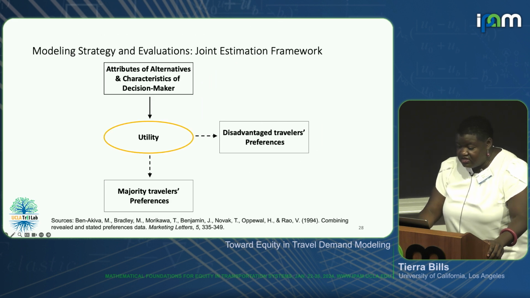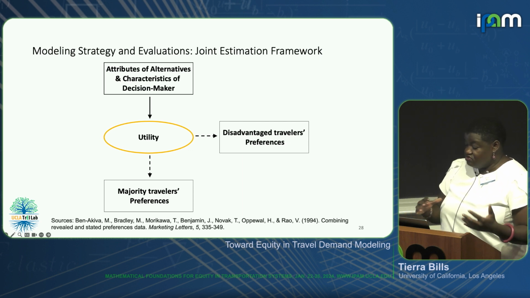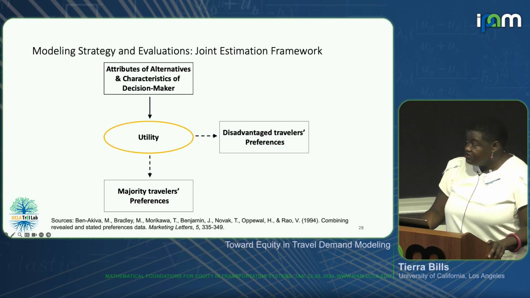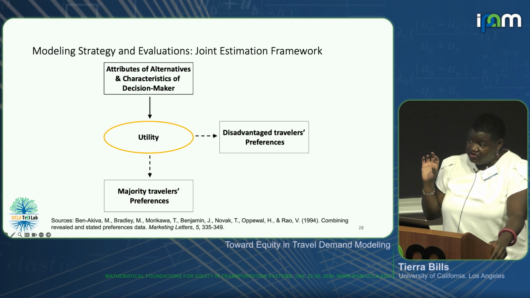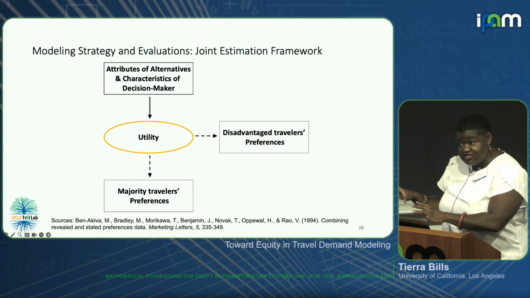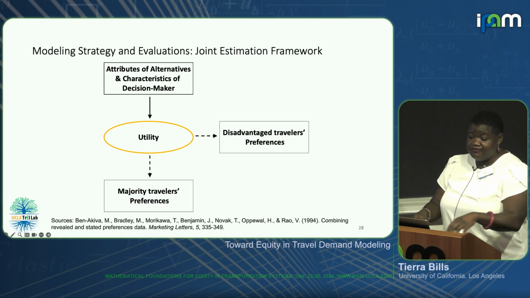So how do we actually do this? How do we go about combining these two data sets? Well, there is a well-established framework for jointly estimating utilities from multiple sources of data. I think the most common examples are of RP versus SP data, where we're trying to combine a survey that is revealed preference versus stated preference, or multiple revealed preferences for a same city.